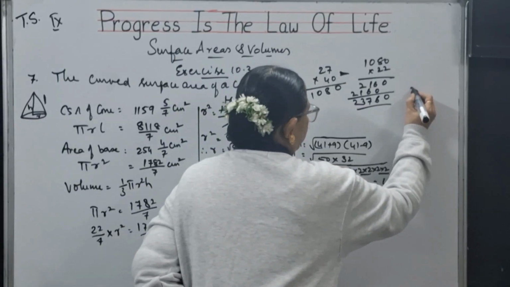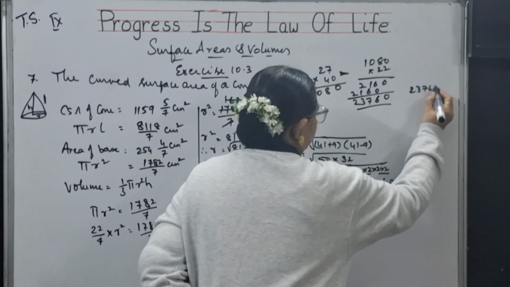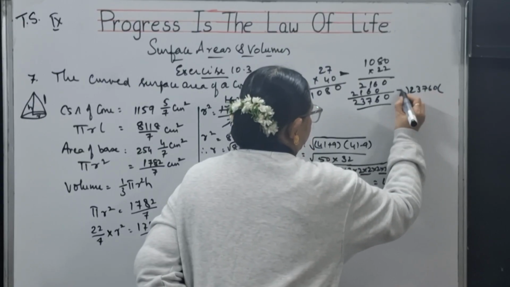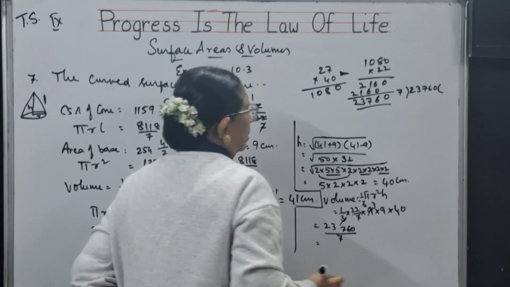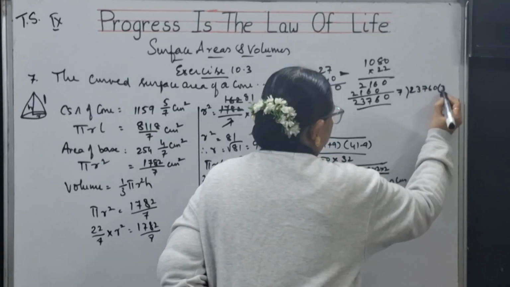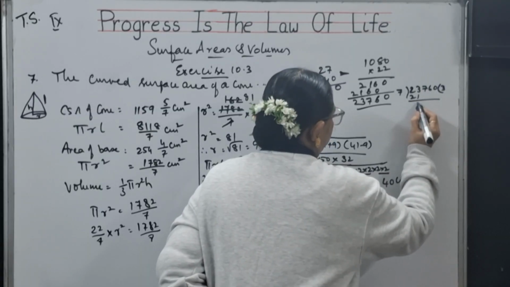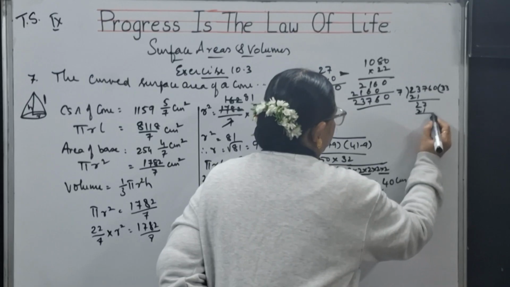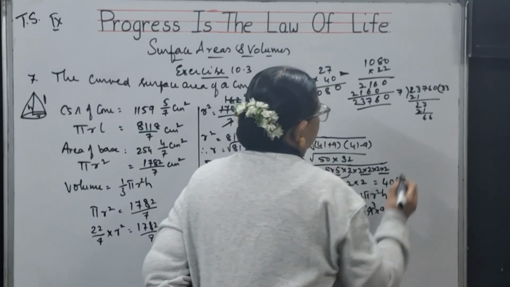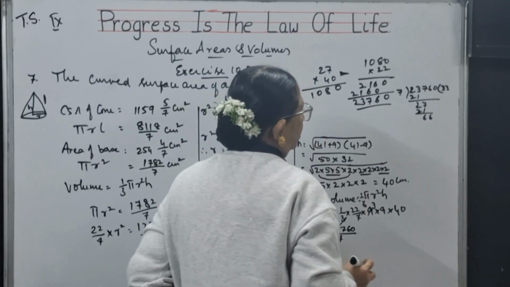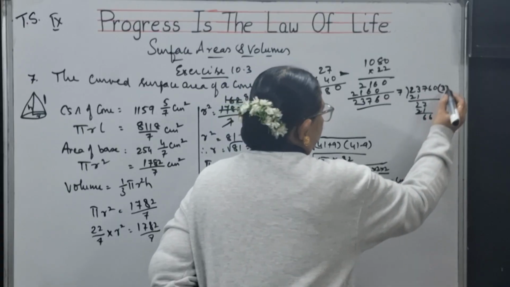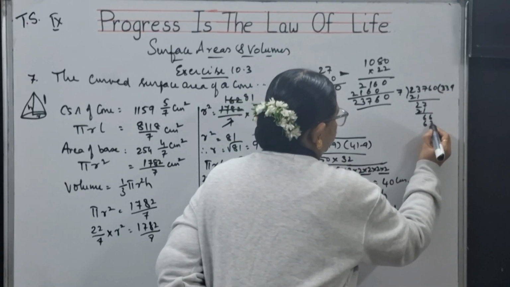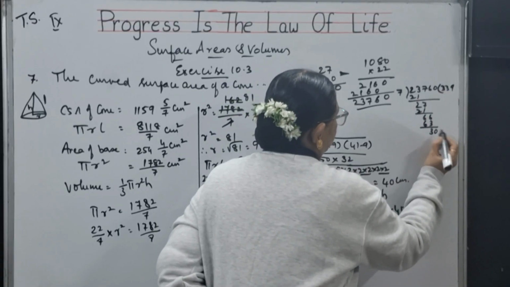So let us divide 23760 by 7. 7 threes are 21, 2, 7. 7 threes are 21, 6 and 6, 7 9s are 63, 3, 0.